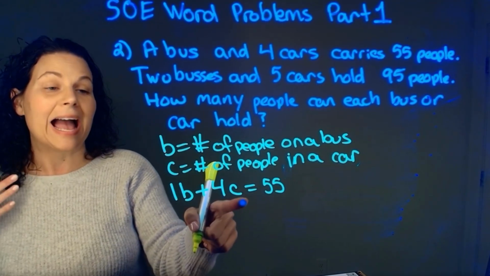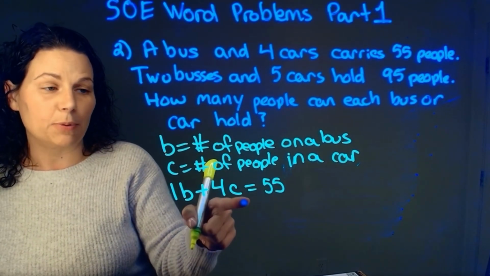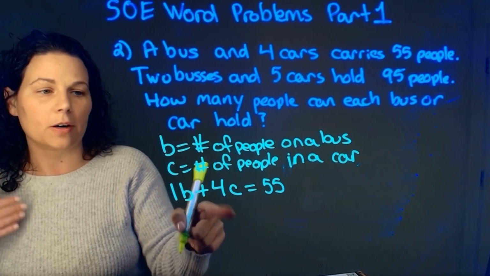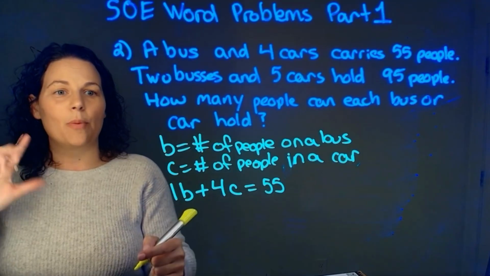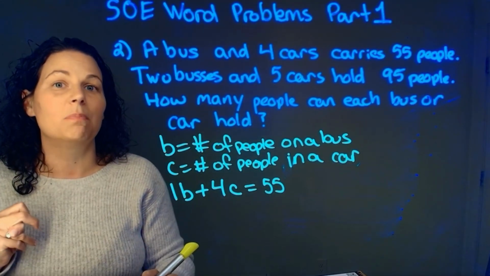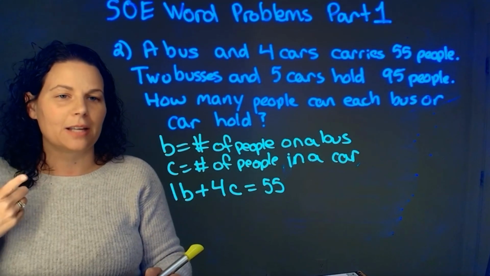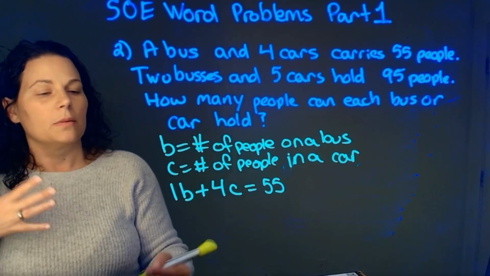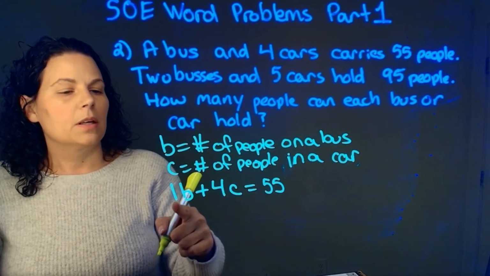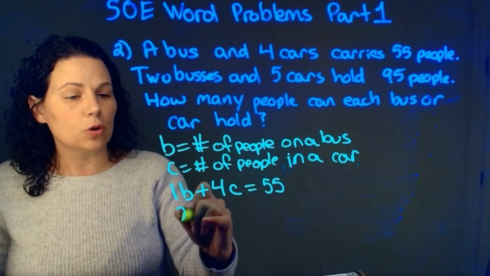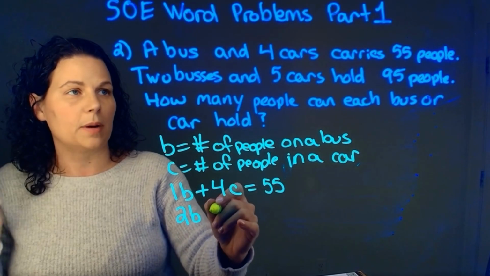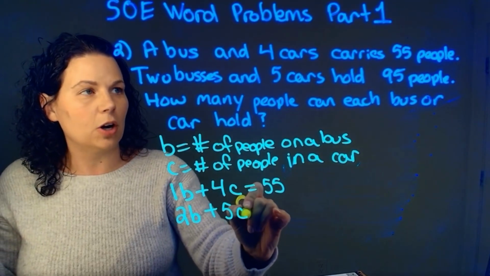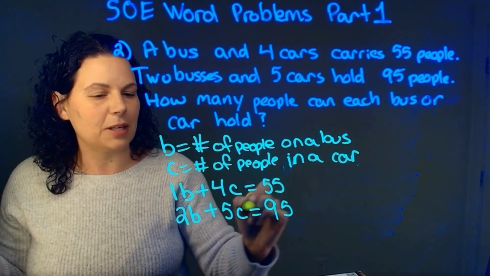I say how much. How many people times how many cars? How many people times how many buses? I usually say how much times how many because we do a lot of this with money. How much does something cost times how many you bought? That kind of thing. We'll get to those. That's the first one. 2 buses, so 2 times B is how many people for those 2 buses, and 5 cars gave me 95 people.